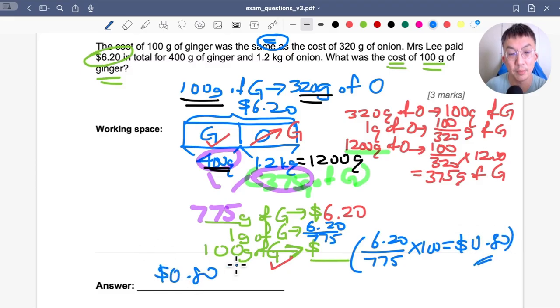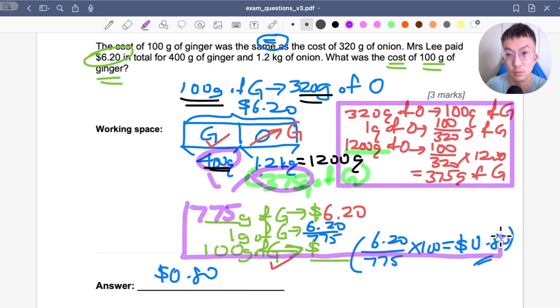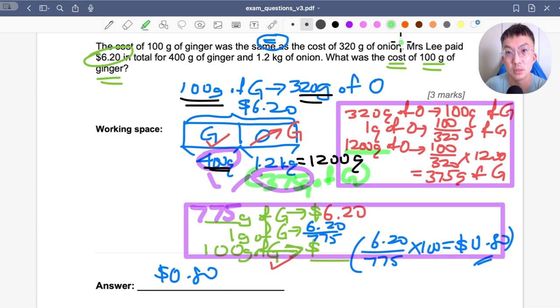Okay, so to wrap up, you can see that in fact the process of doing the top is the same as the process of doing the bottom. And another thing to take note of is, since this whole column is for onion, the other side is for ginger.